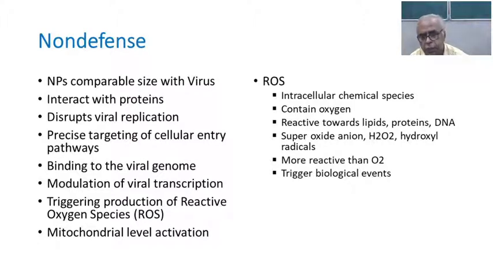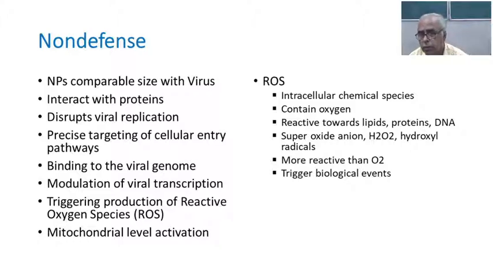So it can easily bind to the viral genome. And we can modulate the viral transcription so that the production of reactive oxygen species, ROS, can be triggered. ROS is nothing but intracellular chemical species containing oxygen.